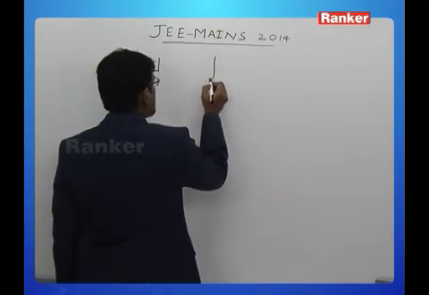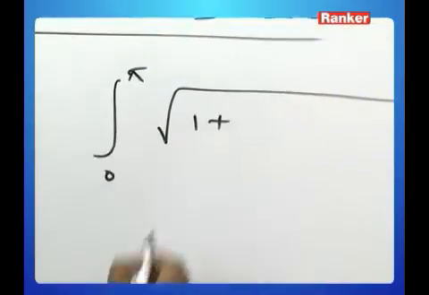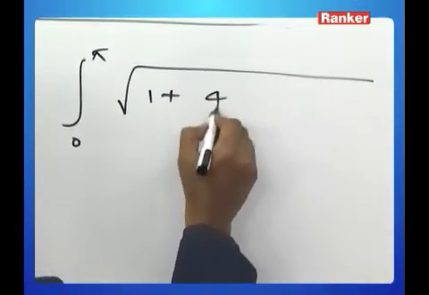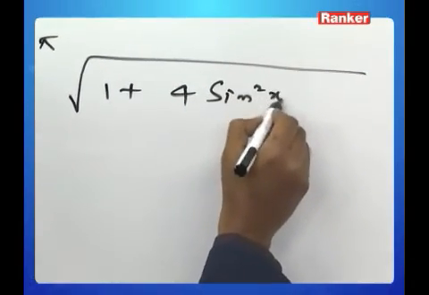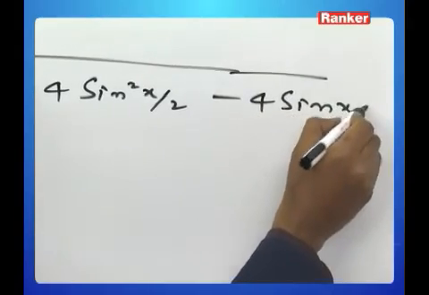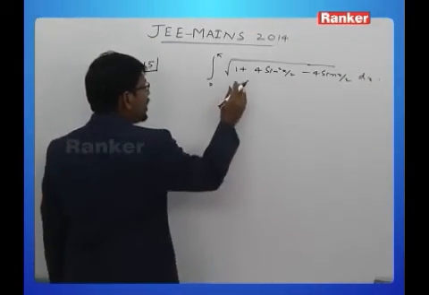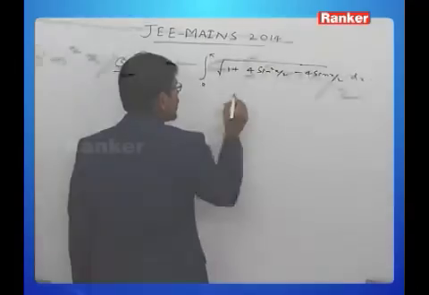Now we are interested in the integral 0 to pi of root over 1 plus 4 sine square x by 2 minus 4 sine x by 2 dx. Observe that this is clearly a perfect square.